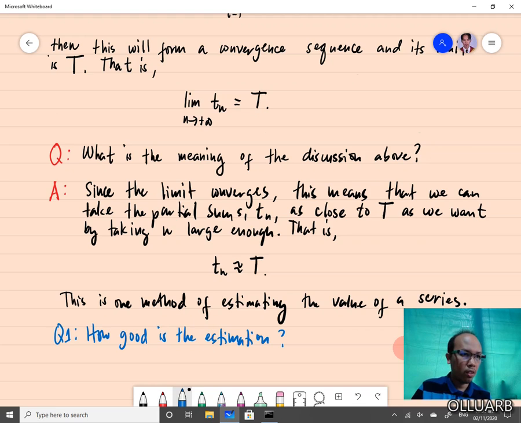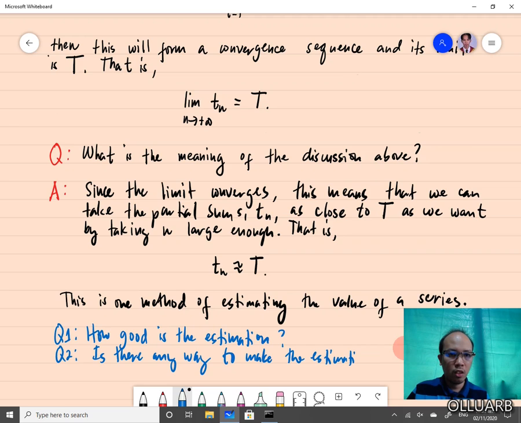Second question: is there any way to make the estimation better? Let's wait again for the program to respond.